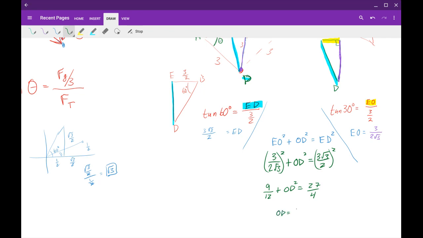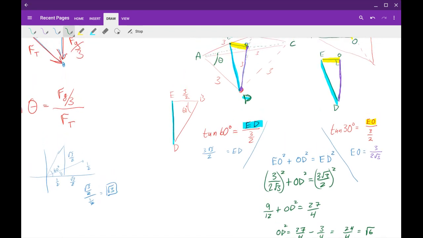So OD squared is 27 over 4 minus 9 over 12. Both of those go into 3. Divide 9 by 3 and I get 3, and divide 12 by 3, I get 4. So that's actually kind of cool. That gives me 27 minus 3 is 24 over 4. Is that 6? It's the square root of 6. How about that? So OD is the square root of 6. That's purple. Square root of 6.